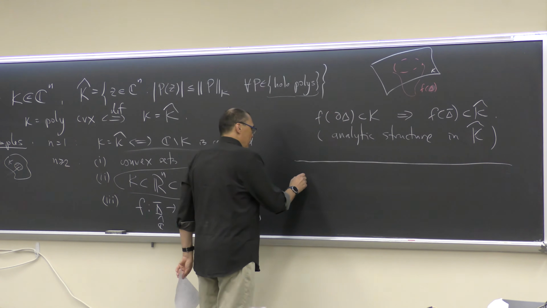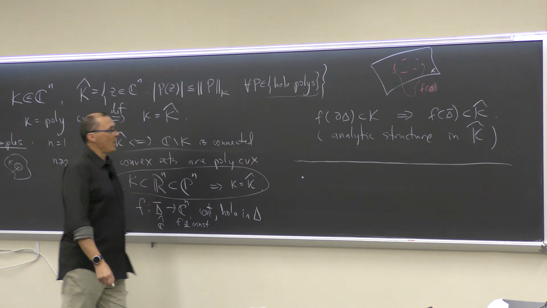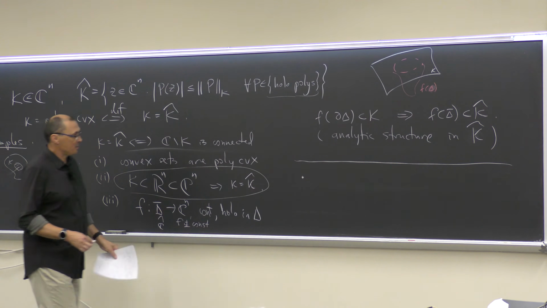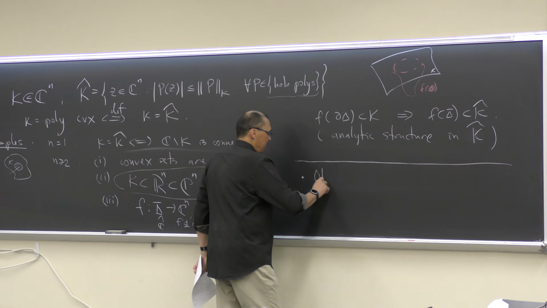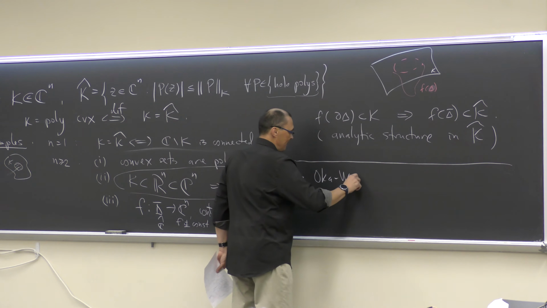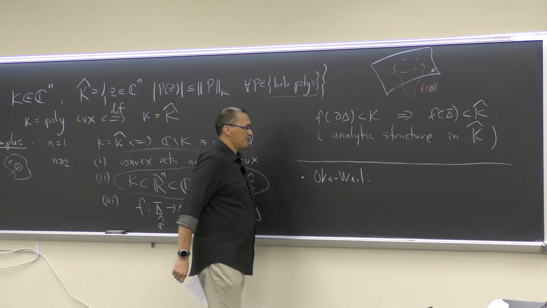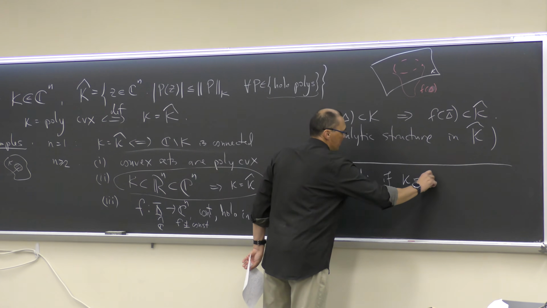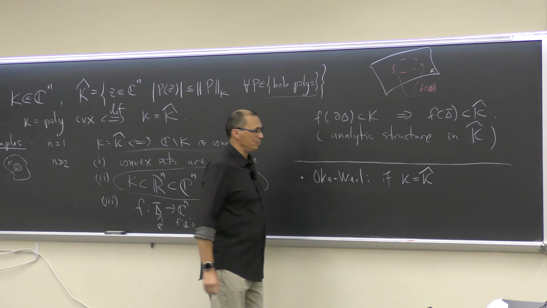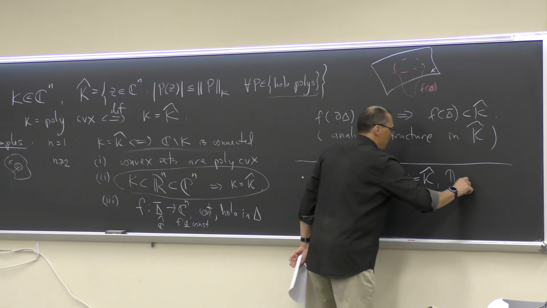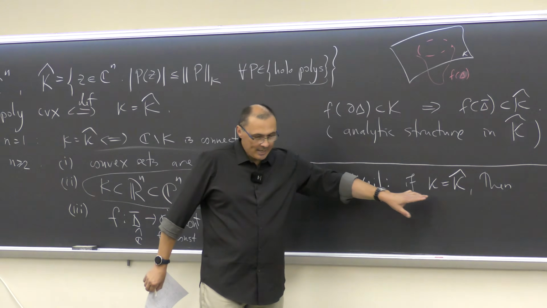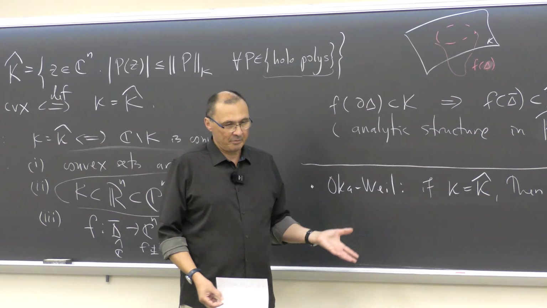So I want to give you two maybe reasons why polynomial convexity might be an interesting property to study. One is a fundamental result by Oka and Weil, which says that if K is a polynomially convex compact, then any holomorphic function in a neighborhood of K can be approximated by holomorphic polynomials.